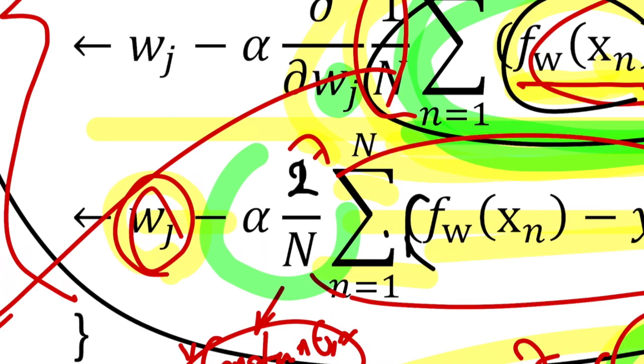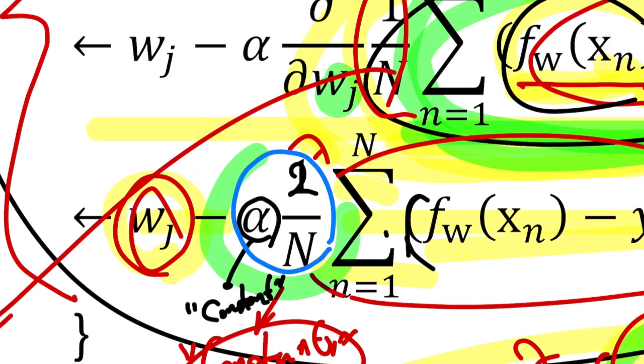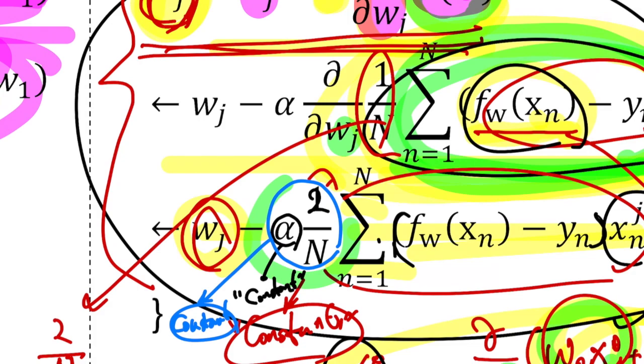As you can see here, we define alpha as the learning rate. Actually, alpha is also a constant value, isn't it? Then alpha times 2 over n is also a constant. So what does that mean? When we define this learning rate, we also consider this parameter.